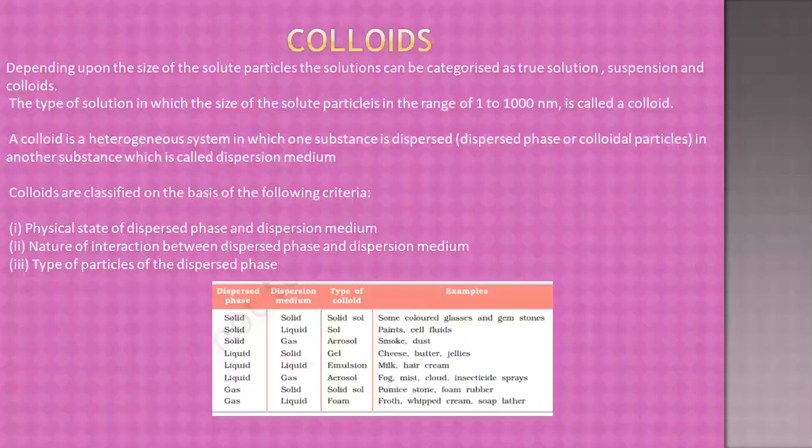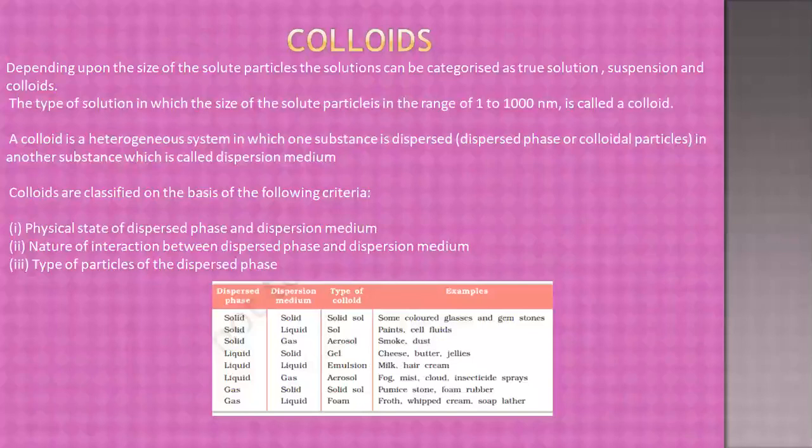Dispersed phase means the substance which is distributed in the dispersion medium in the form of colloidal particles, whereas the dispersion medium is the medium in which the substance is dispersed. There are certain criteria to classify colloidal solutions.